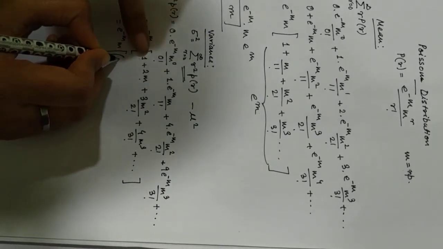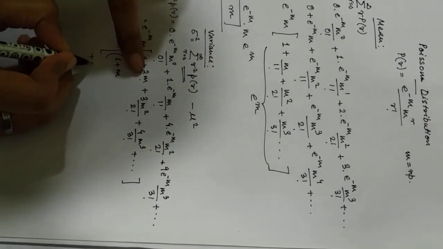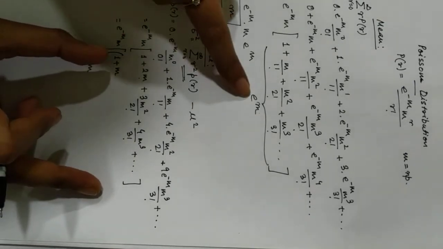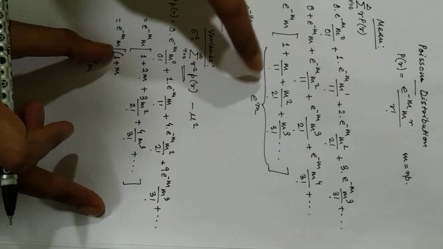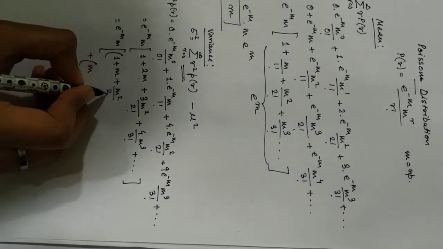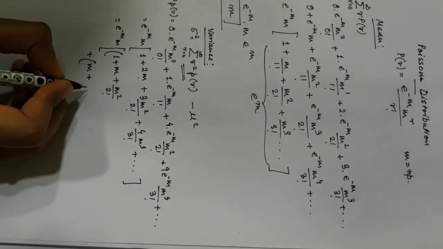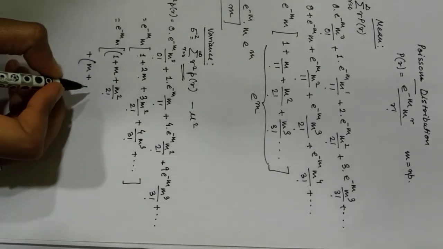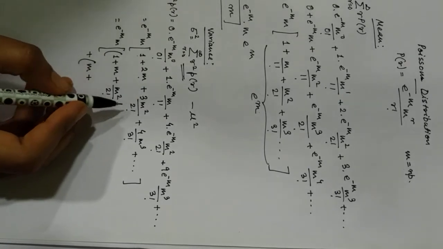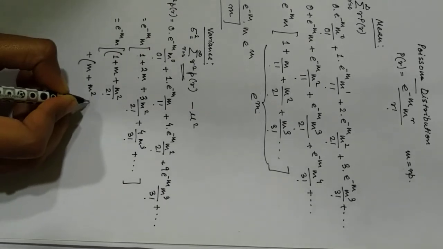So this 1 we keep over here, we will keep one m over here and take the other m in a different bracket, just that we are redistributing the terms so that the expansion terms of e^m come into the first bracket. Plus m^2 by factorial 2. Over here we are left with 2 more terms, so over here we get an m^2, right?